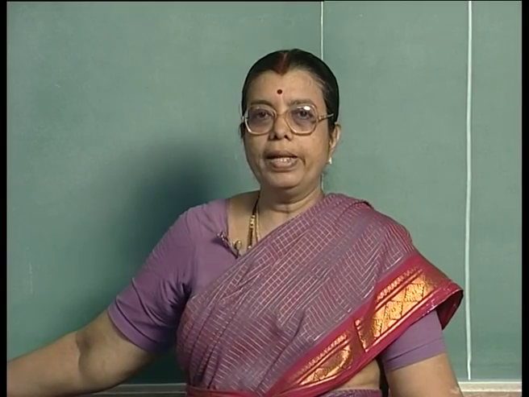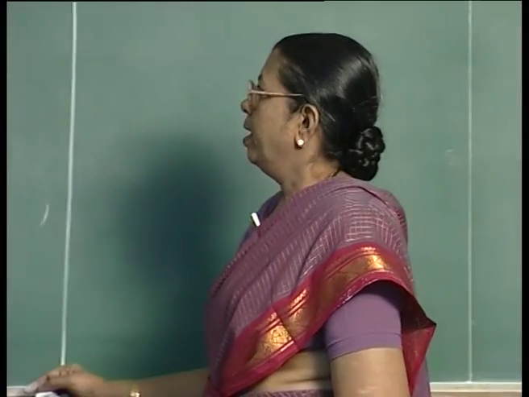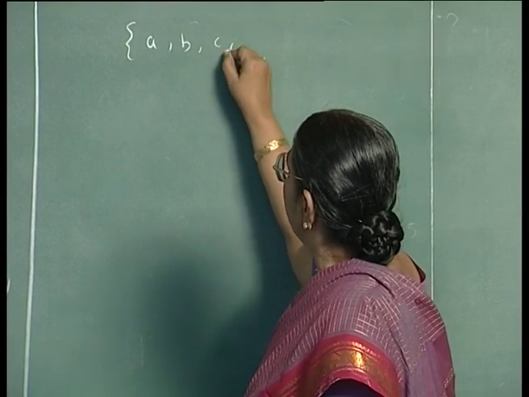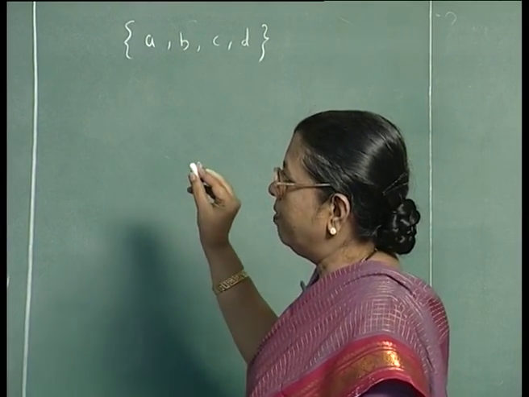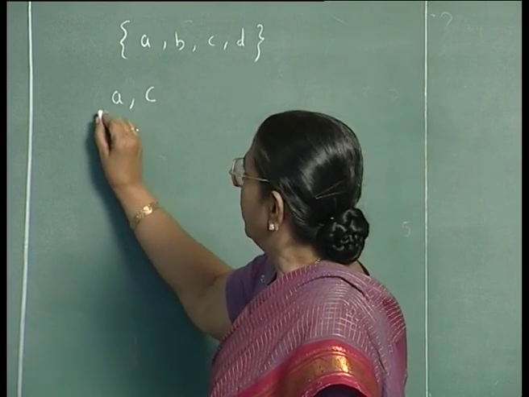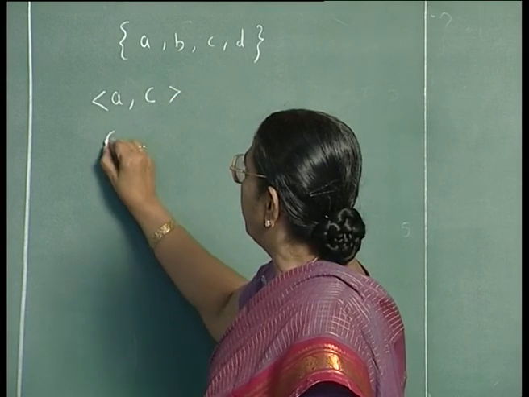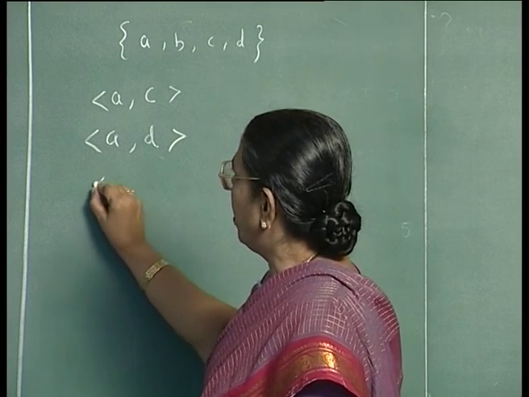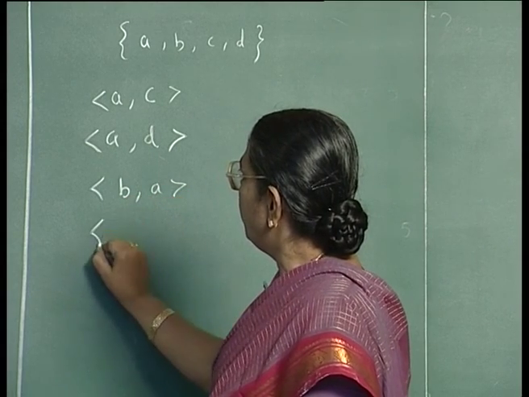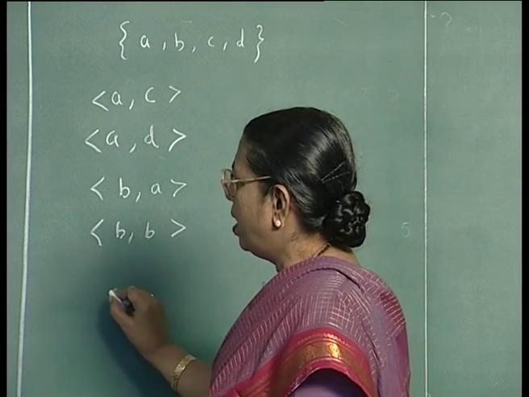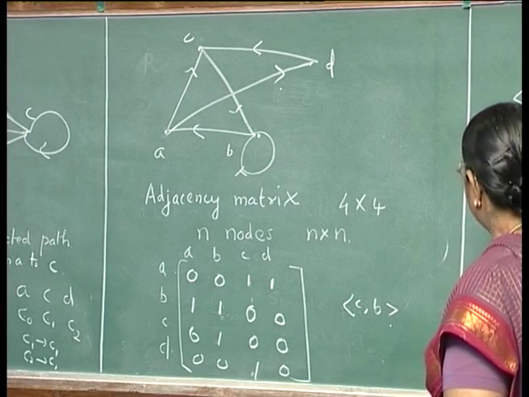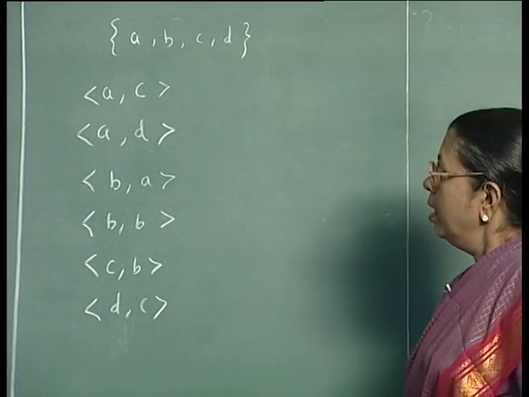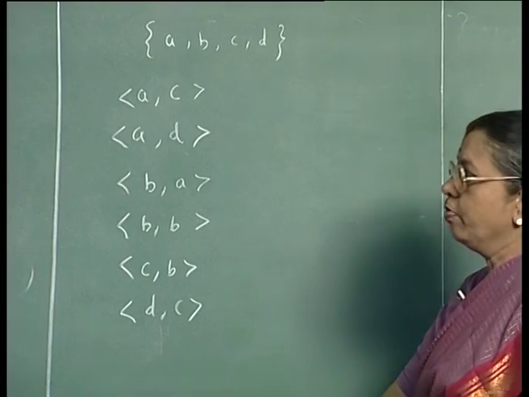For example, you can represent all the edges by listing them from A. The vertices are taken in this order, say A, B, C, D. See what are the edges leaving A. A comma C is an edge leaving A, and A comma D is also an edge leaving A. Then from B you have B A, you have B B, and then you have the edge leaving C, C B, and then D C. We can list the edges in this manner. This is one way of representation.